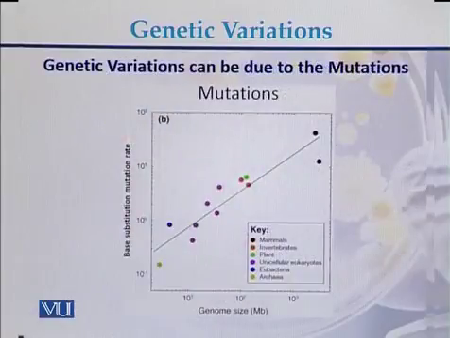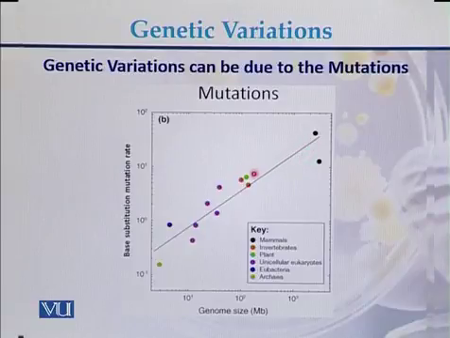This is the first reason that genetic variation can be due to mutations. Mutation is a phenomenon that usually occurs in genomes. Here we can see that the mutation rate is higher in mammals, and the genome of mammals is also large in size.